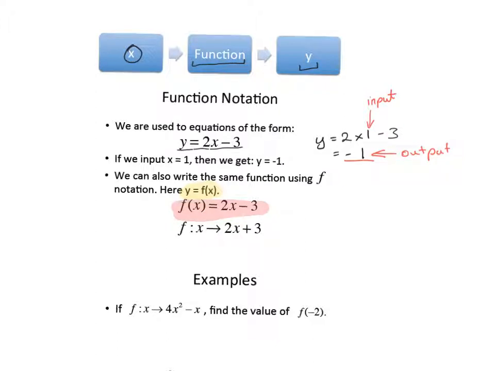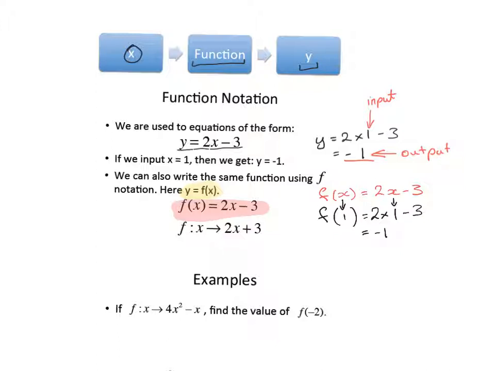So to do what we did before, if f(x) equals 2x minus 3, then if I want to sub in 1 for x, it's like I'm saying, oh, f of 1. So what have I done? I've replaced x with 1, so I need to do the same thing in the function. So it becomes 2 times 1, so x becomes 1, minus 3, which again is negative 1.